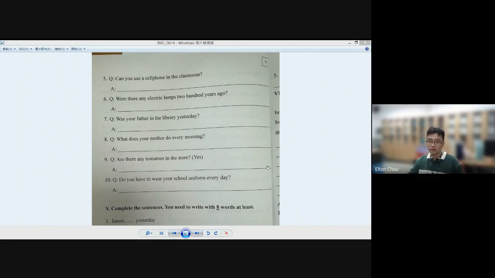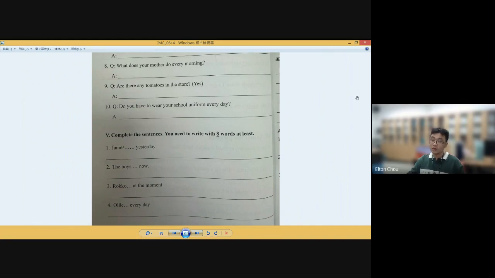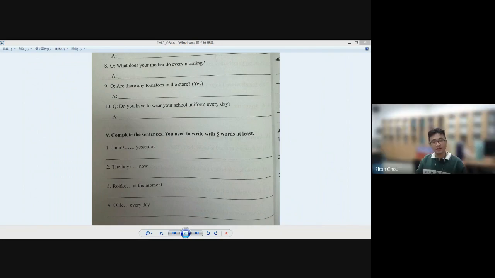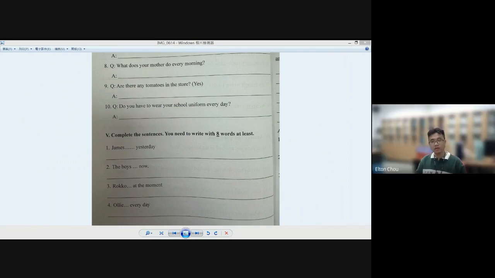So, James, yesterday, 8 words. For example, James. Where was James yesterday? James was in the library with his friends yesterday.